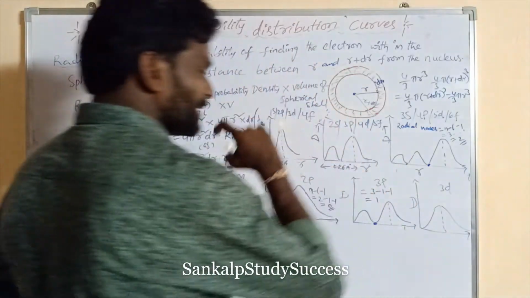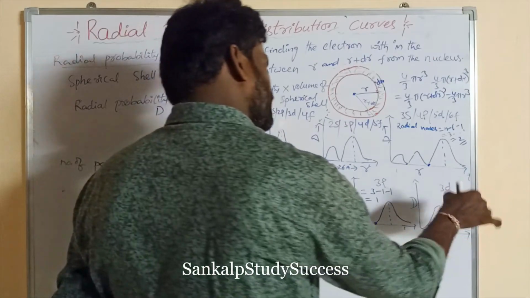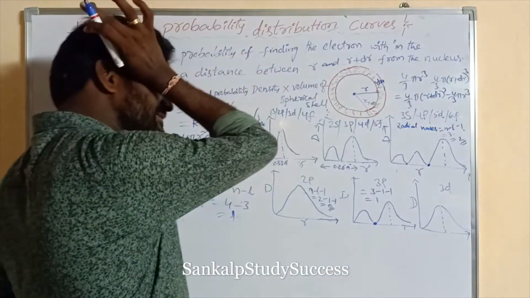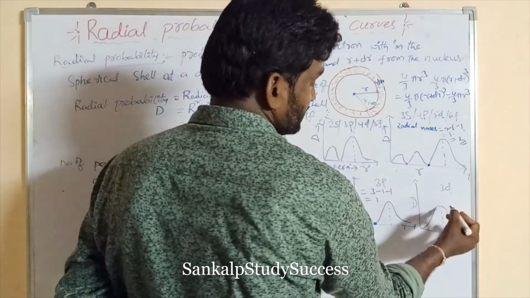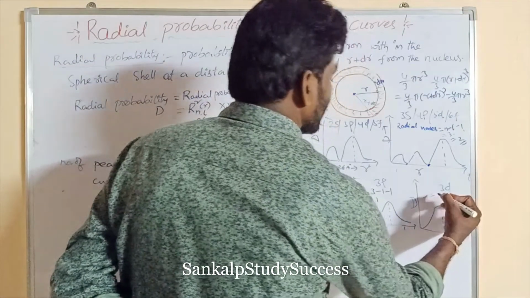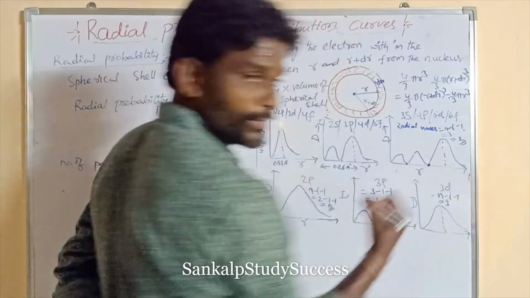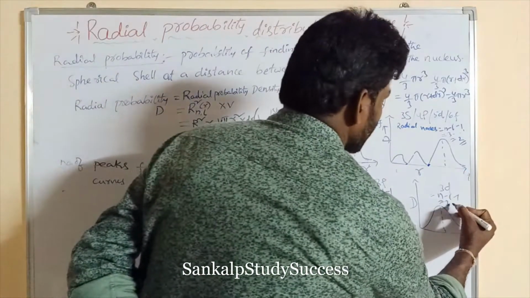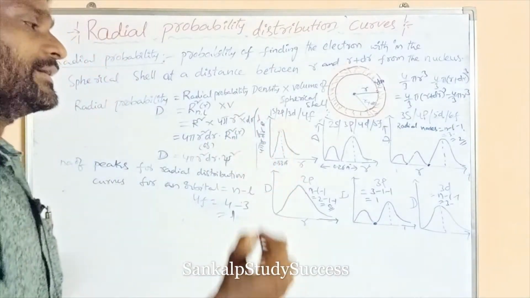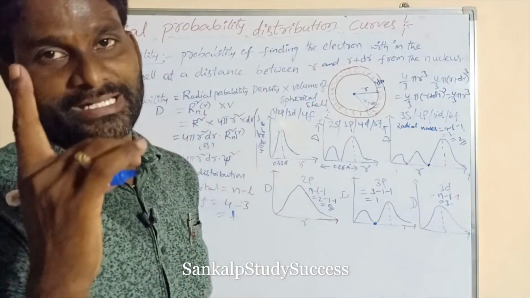Now for the 3d orbital, here the curve is not touching the x-axis. That means its radial nodes are 0. According to the formula, n minus l minus 1, what is the n value? 3. What is the l value? If l is equal to 0, that is the s orbital.